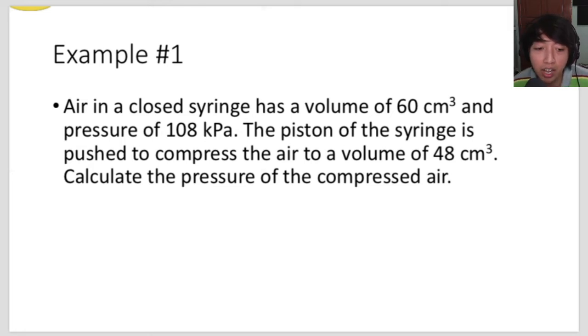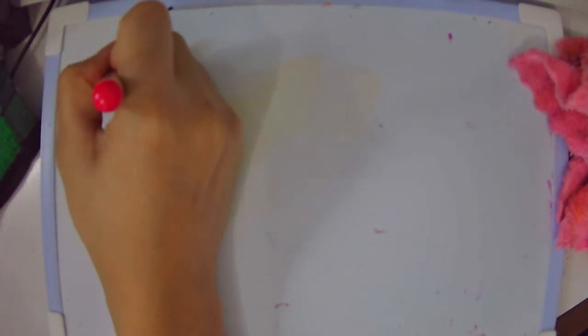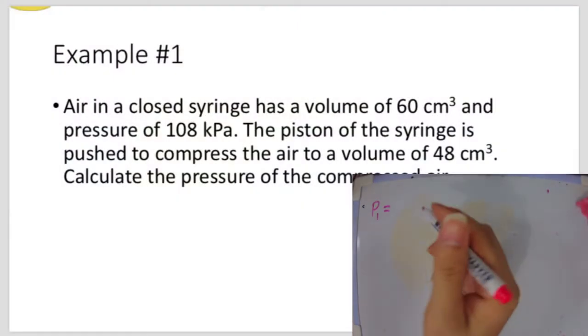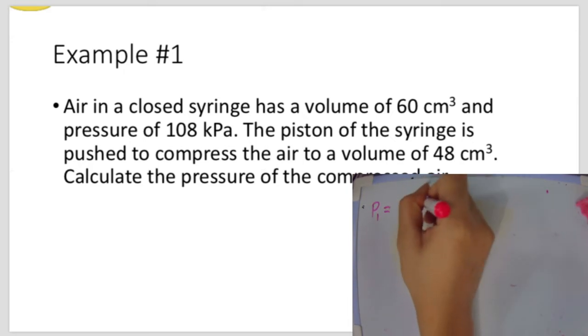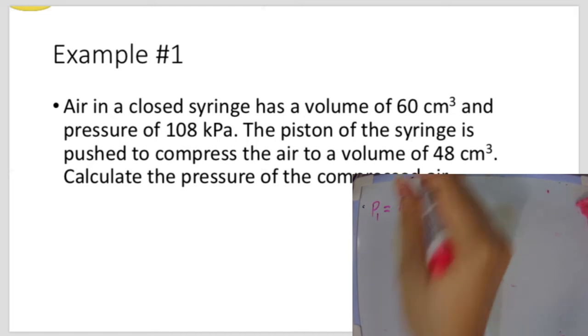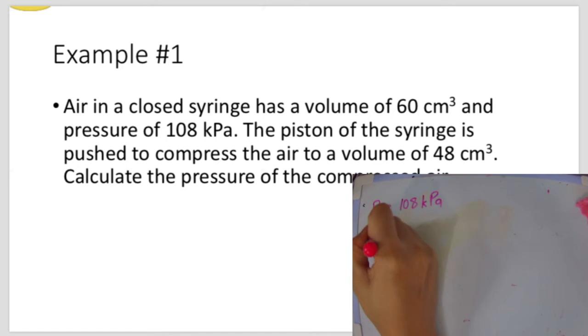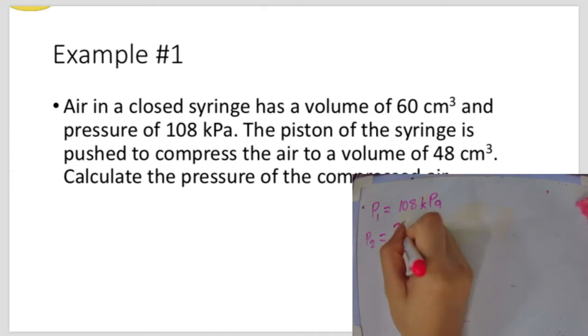So let's take a look at the information that we have. Let's see. So P, the pressure in the beginning, or P1, according to the question, is 108 kilopascals. And go ahead and follow along with your calculators, yeah? Okay. Pressure for the second state, or after you change the volume, is not given.